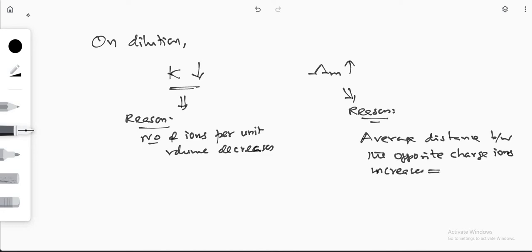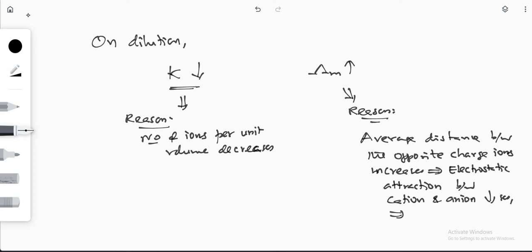This leads to decrease in electrostatic attraction between cation, positive ion, and anion. Since electrostatic attraction decreases, ions move faster. When ions move faster, conductance will increase, simple.